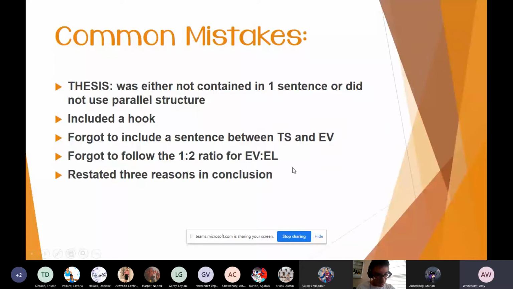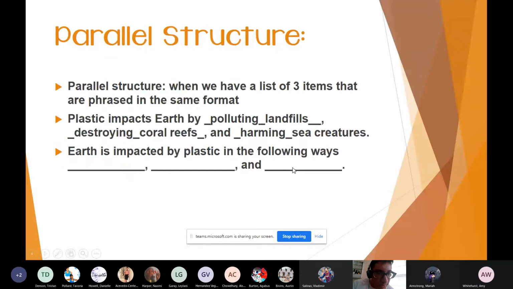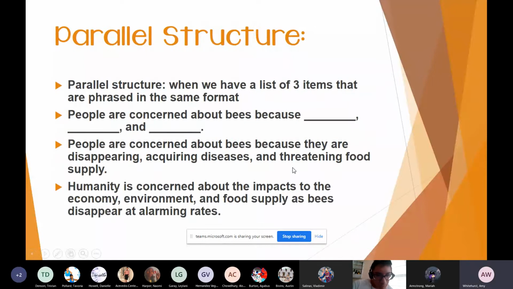All right, so now we're going to talk about what parallel structure means, because that might be a totally new term to you. Okay, so while this might sound intimidating or sophisticated, it's really a simple concept, and some of you are already doing this without realizing it.